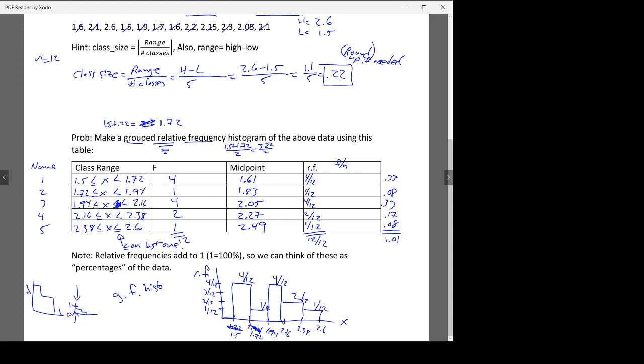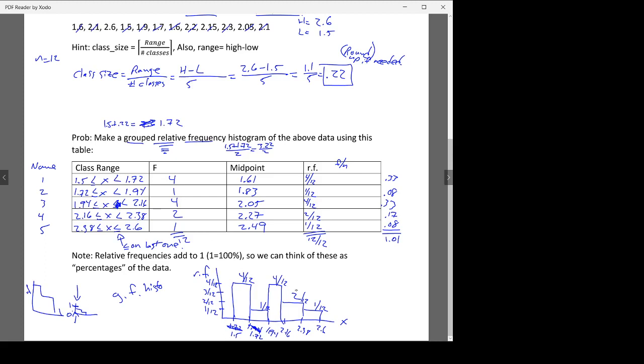So the highest it could be, whatever they added up to here, they add up to 1 in there. It just makes it nice and small, and you can compare two distributions once you, what we call, normalize them in this way.